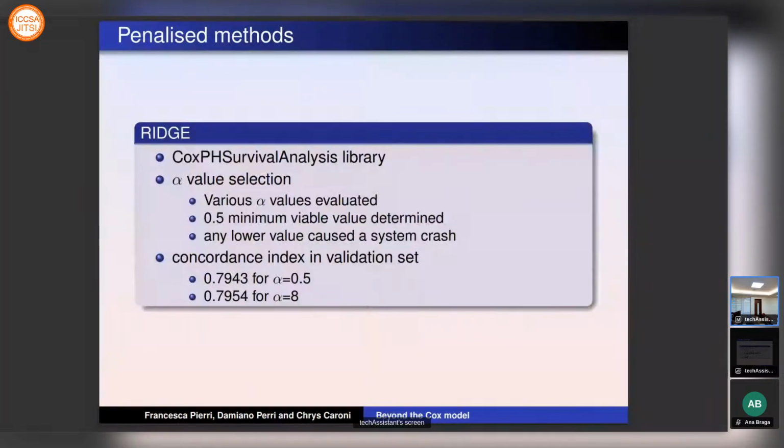And for ridge, we use the Cox-PH survival analysis library. Alpha values, we evaluated various alpha values. 0.5 is the minimal viable value, and any lower value causes a system crash. And the concordance index for alpha equal to 0.5 is 0.7943, and for alpha equal to 8 is 0.7955.